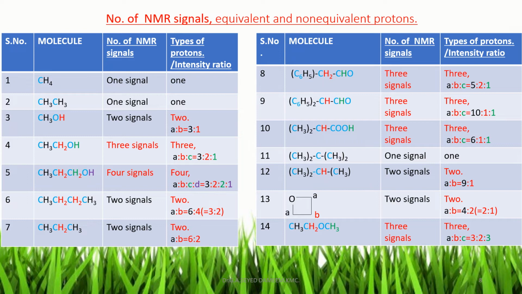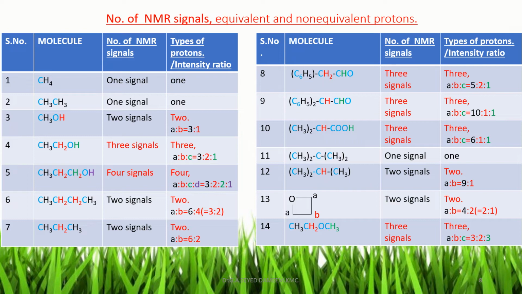And another case, serial number 6, contains two types of protons. Two methyl groups are equivalent, and two methylene groups are equivalent, so it gives two signals and two peaks, and intensity ratio A is to B, that is equal to 6 is to 4, otherwise that is 3 is to 2.